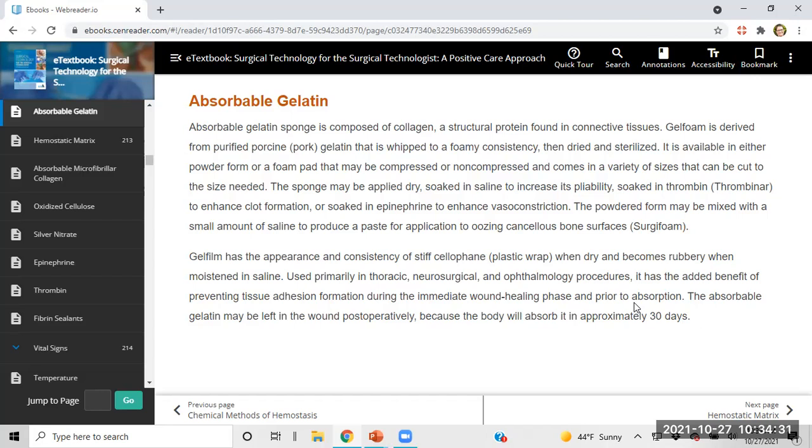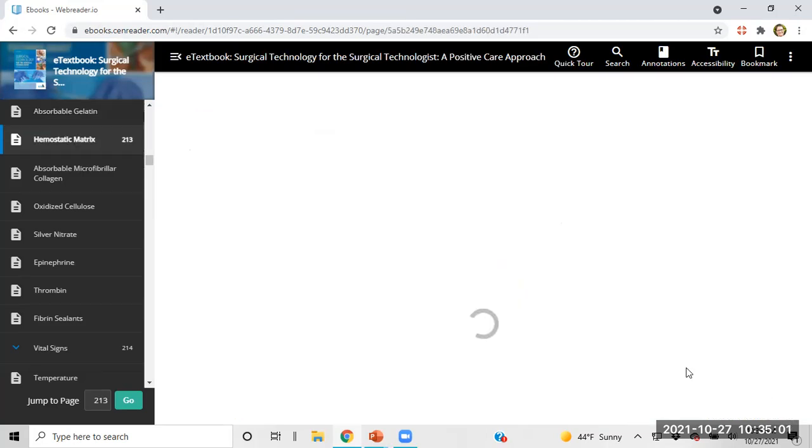You're going to use a sponge and soak it in saline and then soak it in the thrombin material, and that's going to help with the clot. Using those to really create that clotting effect. And then we can also see epinephrine being used because that's going to help with that vasoconstriction. So reading through this, there are a lot of different types of gelatins that are used in the market now.